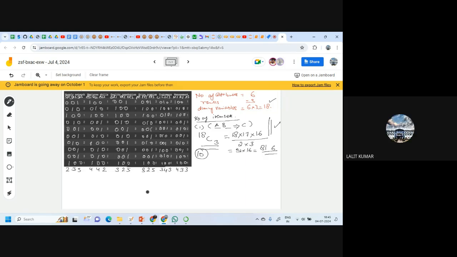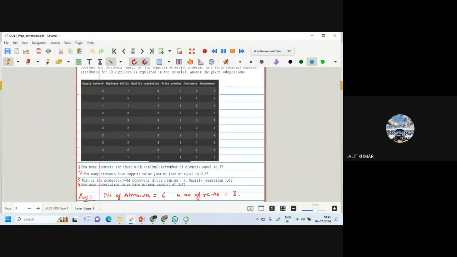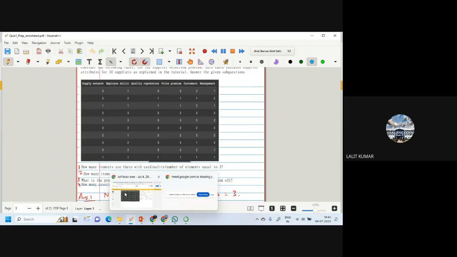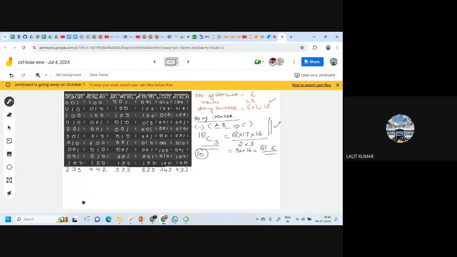Now they have asked how many items have support value greater than or equal to 0.3. Now here, any item which has got less than, this is 0.2, 2 divided by 10.